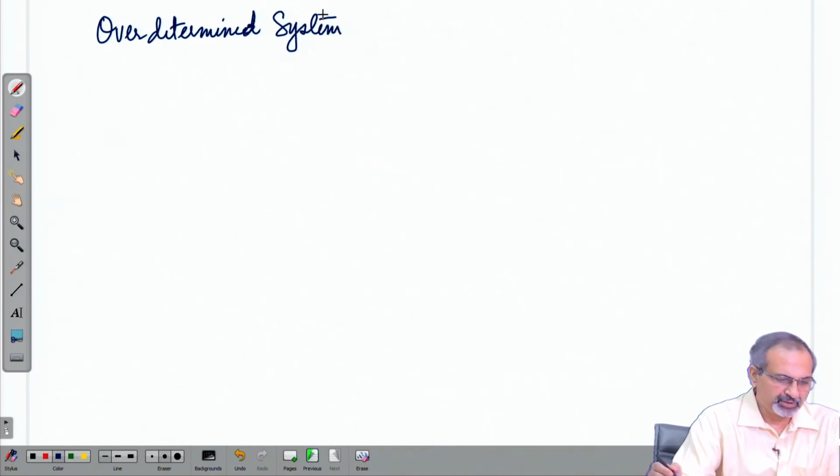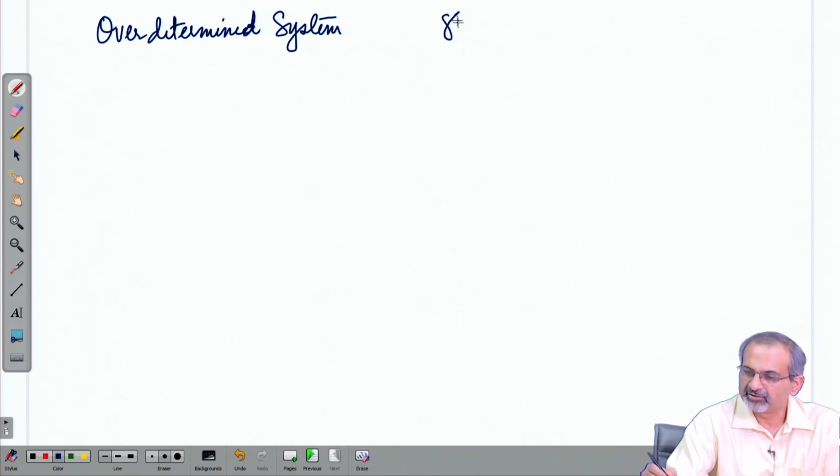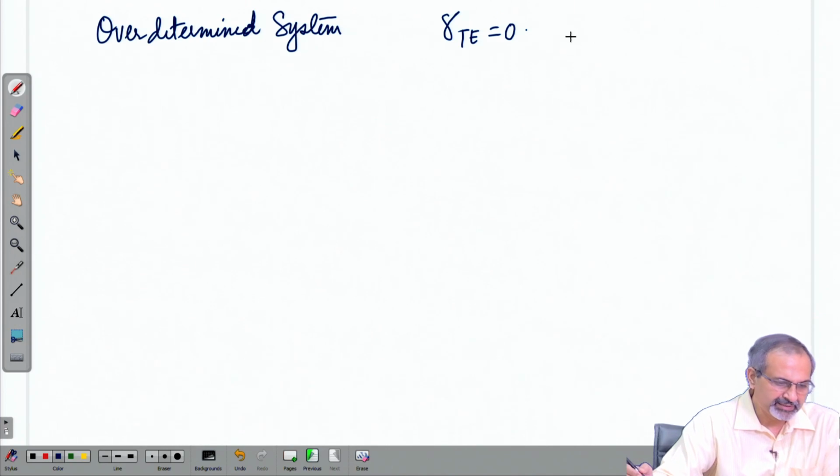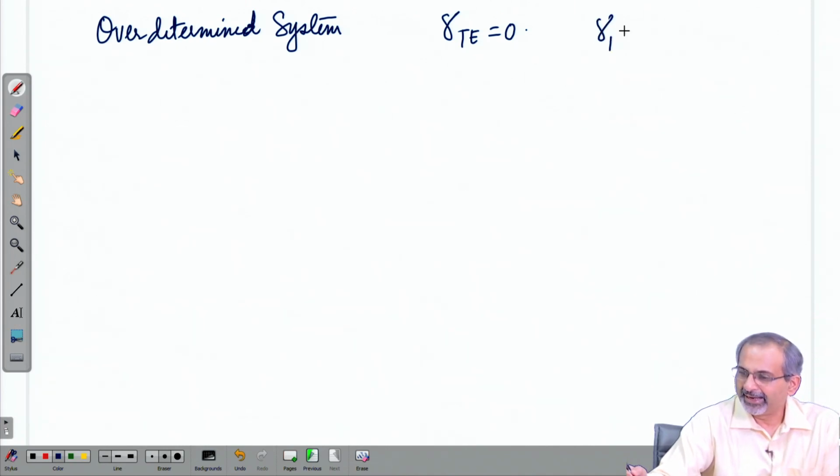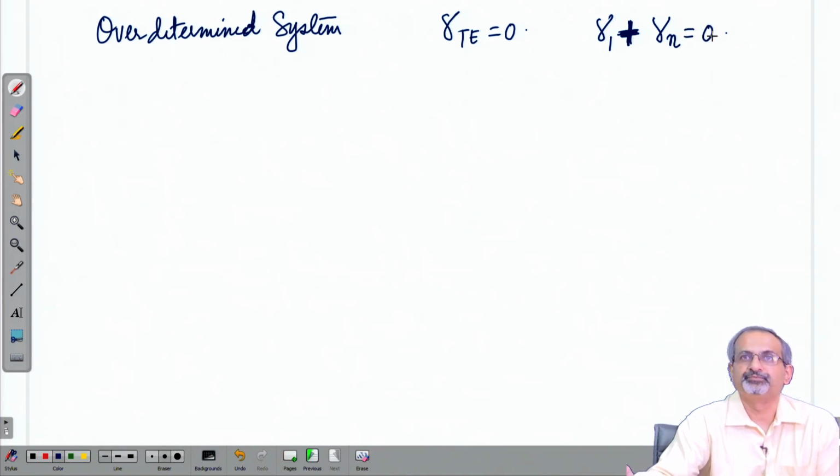So, what is going to be the Kutta condition here? We said gamma trailing edge is equal to 0. So, what does it basically mean? That if the first and the nth panels are of equal length, then it basically means gamma 1 plus gamma n is equal to 0.